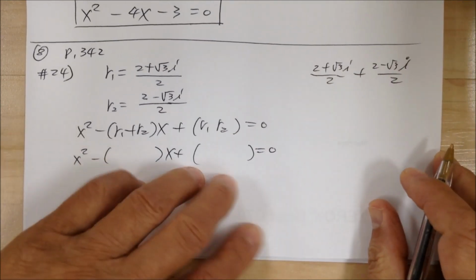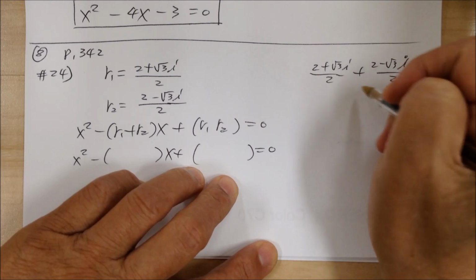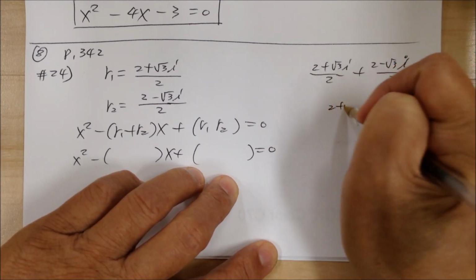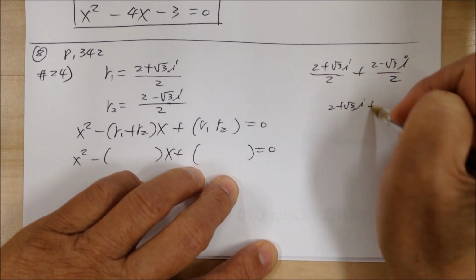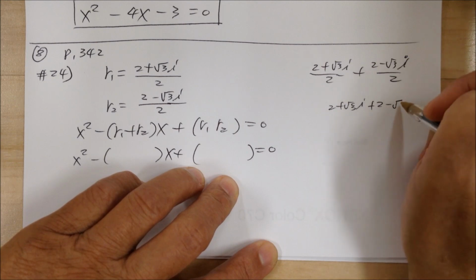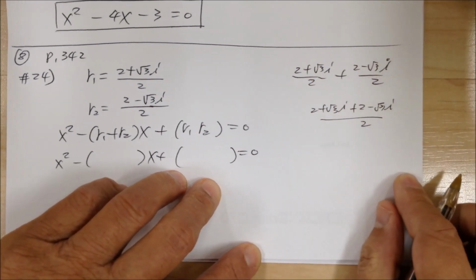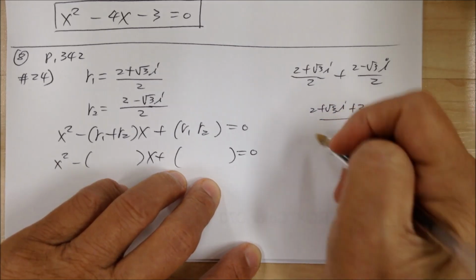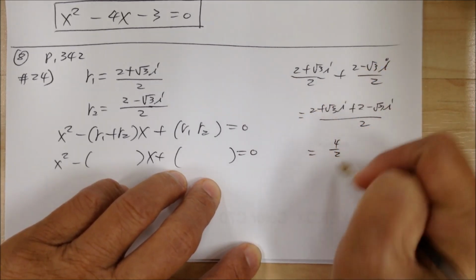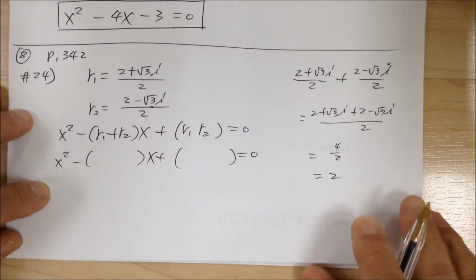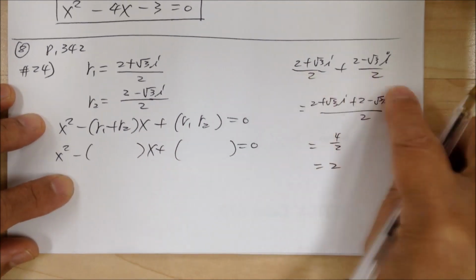Then put it all together. So you're going to end up with 2 plus square root of 3i plus 2 minus square root of 3i, over 2. Just put them together like that. Then this will cancel out, so you're going to get 4 over 2, equal to 2.